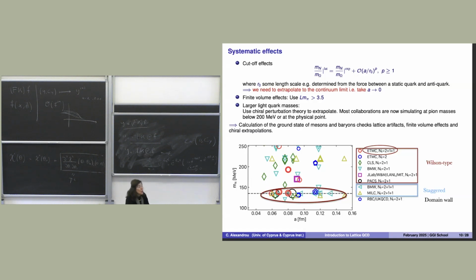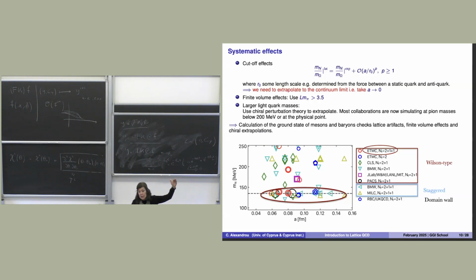They do Wilson improved fermions, but they do smearing. Okay, now we're getting into details. The purists only smear the operators. They do not smear the gauge fields that go in the action.